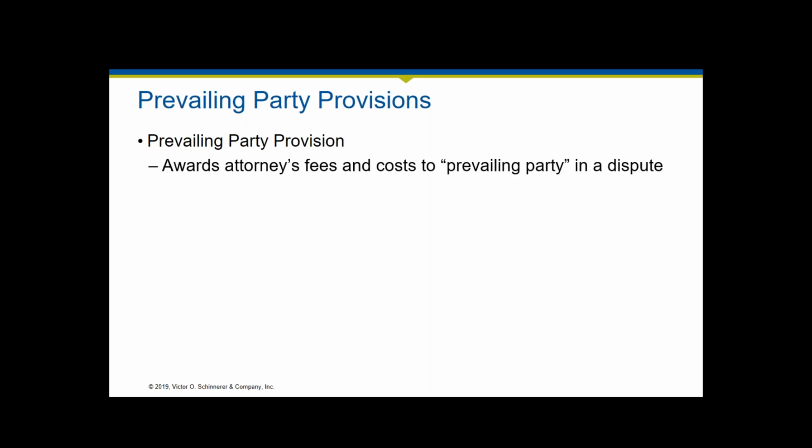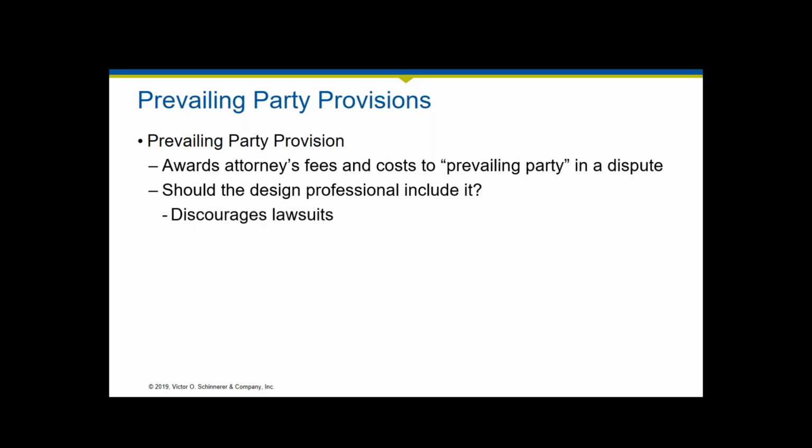All right. The reasons that we often see outlined by design firms and their attorneys is that, hey, this type of provision actually discourages lawsuits. Parties are less likely to file a lawsuit if they feel that their claim isn't as strong and they will be responsible not just for their own attorney fees but the other party's attorney fees.